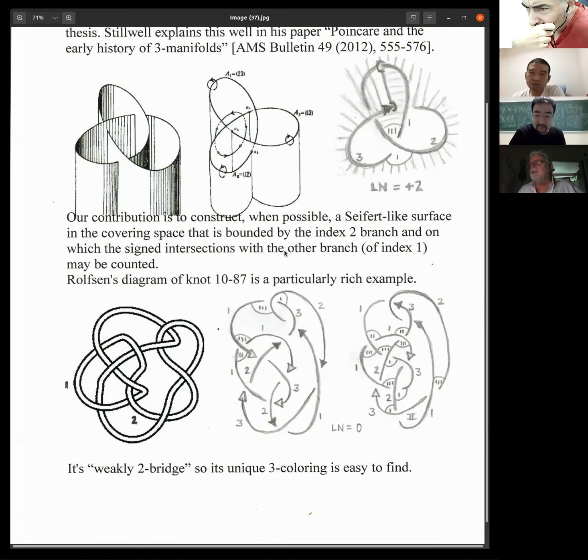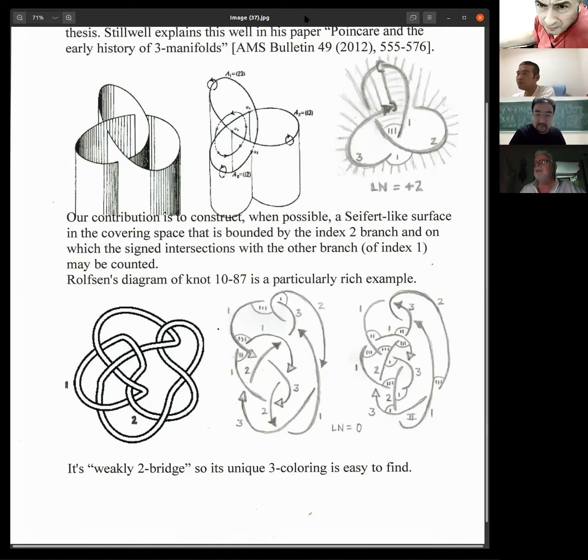Because what the 2 represents is a gluing together of 3 copies of the drawing by gluing copy 1 to copy 3. And above that, in the covering space, is where the branch curve of index 2 sits.